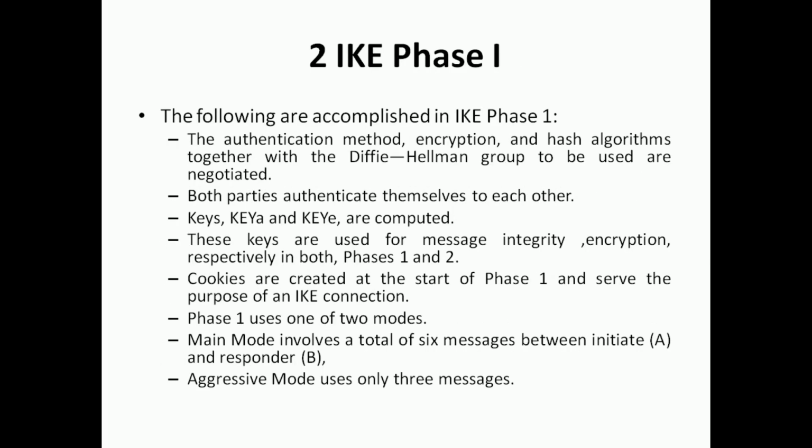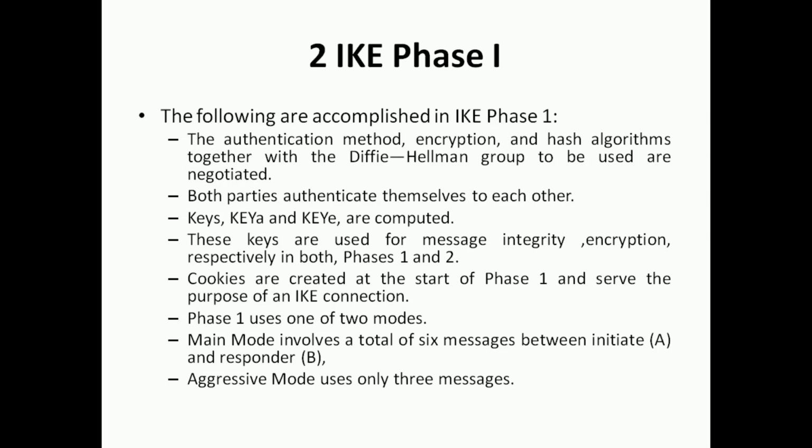Then IKE phase 1. In this IKE phase 1, the following are accomplished: the authentication method, encryption and hash algorithms, together with the Diffie-Hellman group to be used, are negotiated. Then both parties authenticate themselves to each other. Then several keys are computed here: key S, key A, key E. These keys are used for message integrity and encryption respectively in both phase 1 and phase 2.